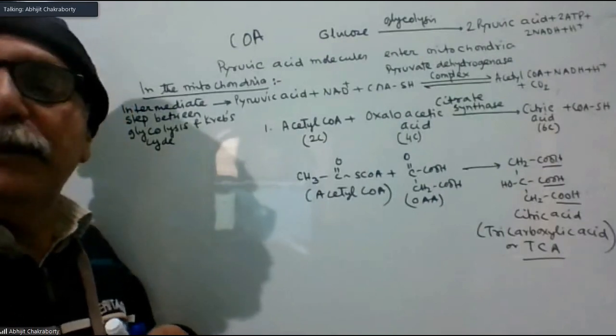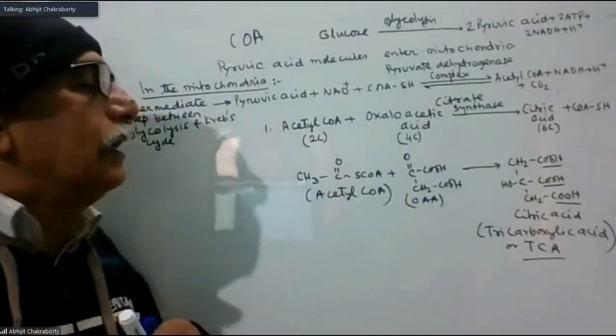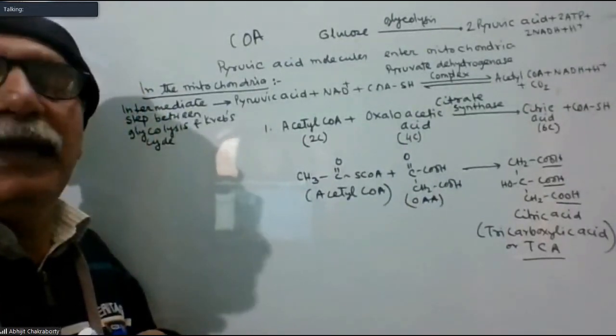As citric acid possesses 3 carboxylic groups, it is also called tricarboxylic acid or TCA. Clear?